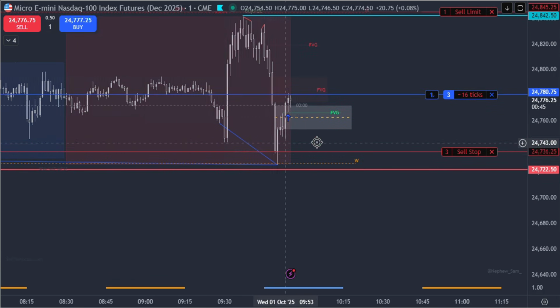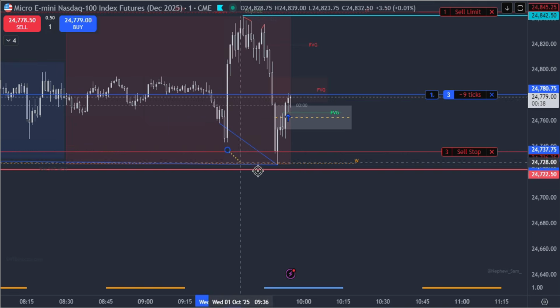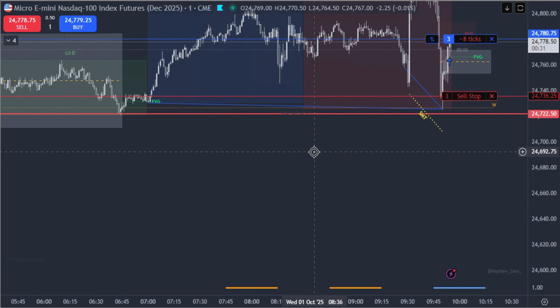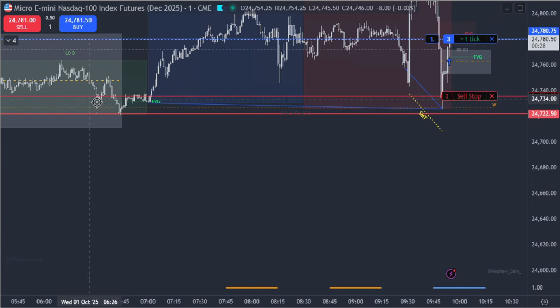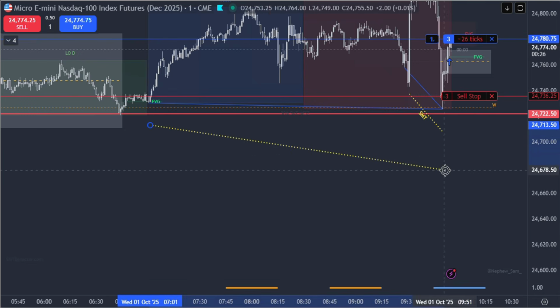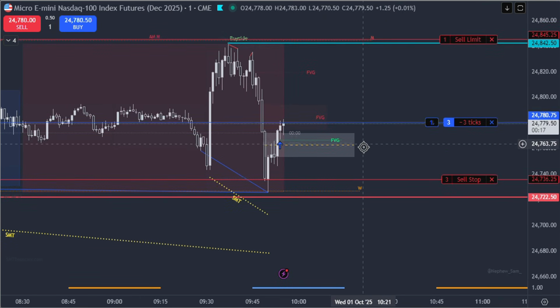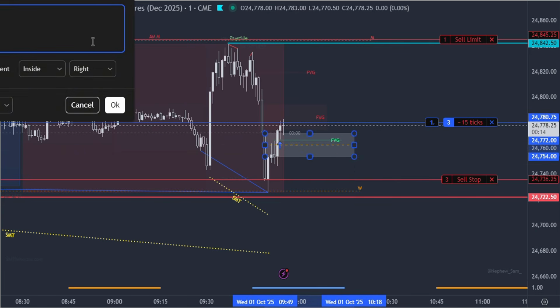We're in our time of interest. Then we have this SMT down here. We have these SMTs here, and then we have these SMTs over here. So we have two types of SMTs. Okay, I'm gonna label inverse fair value gap.